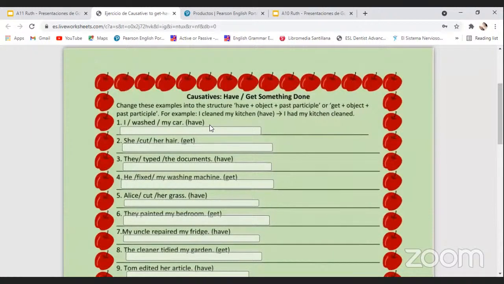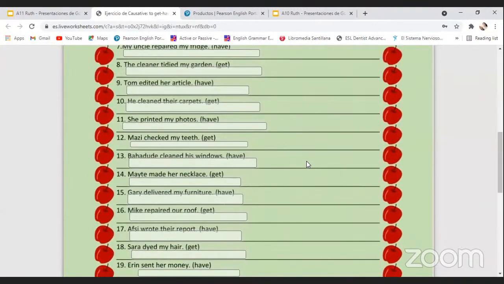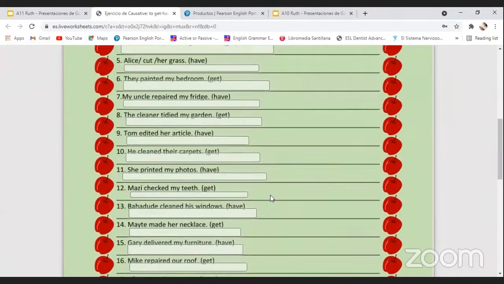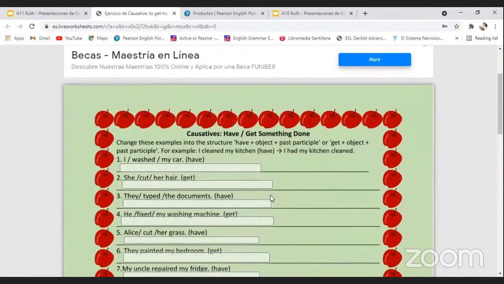Therefore, all of my verbs here, no matter if they are regular or irregular, are in the simple past. All of them, because it is requesting me to change into the past participle. Okay, then yes, they are in the simple past.